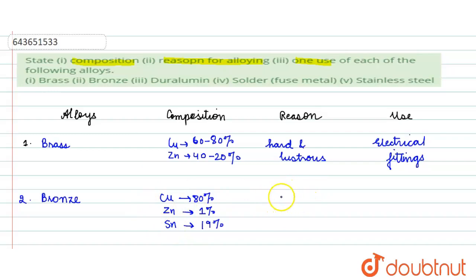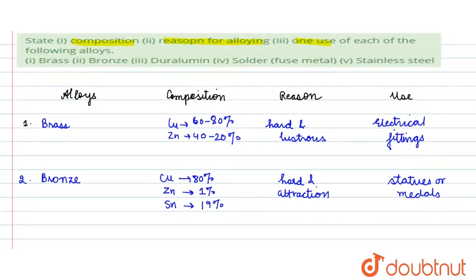Due to its hard and attractive property, they form a good alloy. And generally bronze is used to make statues or medals.